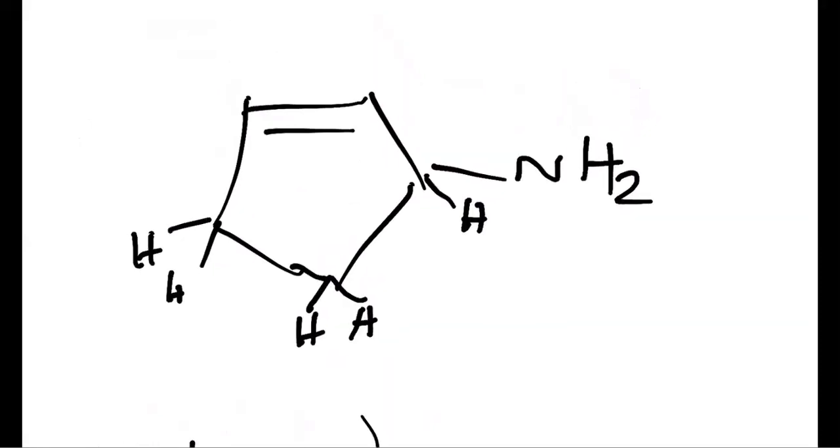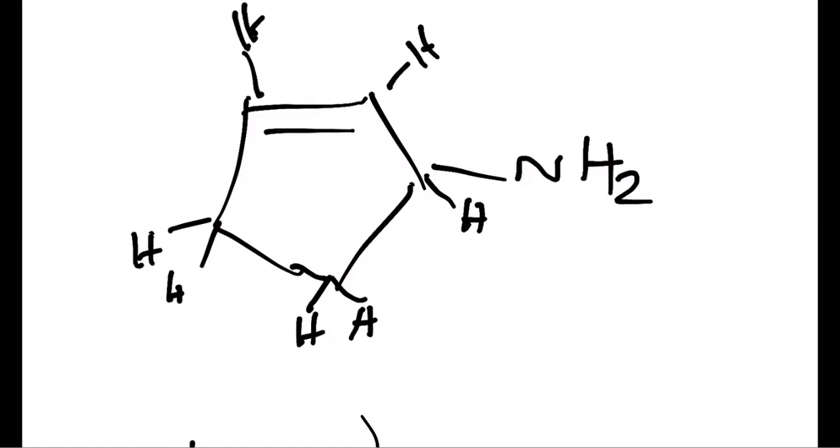And then how many on each carbon in a double bond? I just want to see how you're thinking. 1 on each one, good. Sorry about that. So here, and then 1 here.